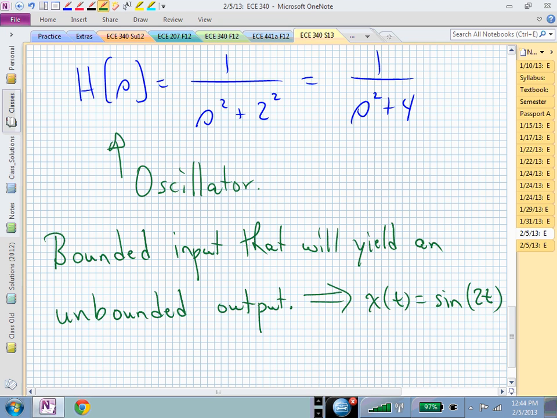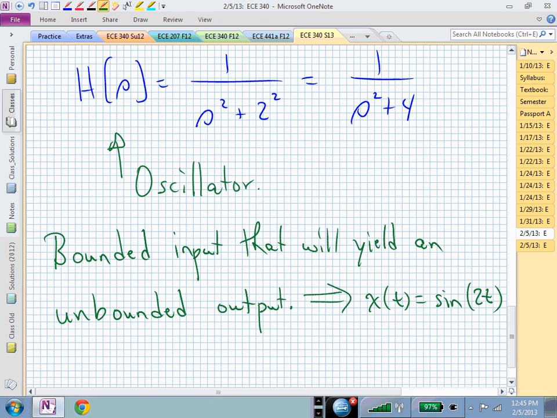Correct. So when I'm saying a bounded input, I'm meaning its amplitude. So the question was, bounded referring to what? Amplitude or time? It's unbounded in extent, isn't it? Its region of non-zero value is infinite, because a lot of times we start things at 0 time and then it goes on forever.